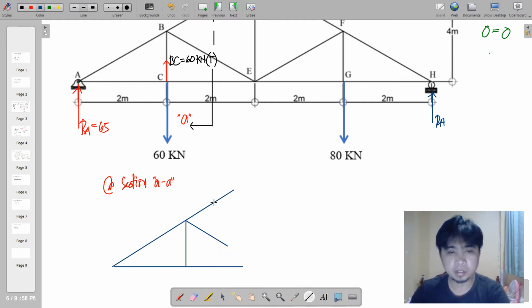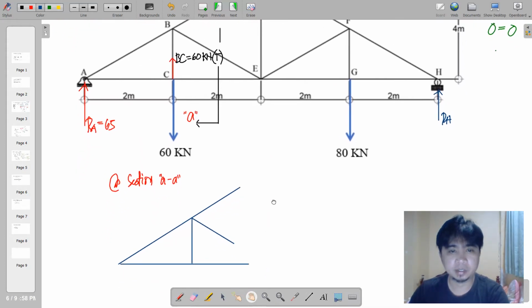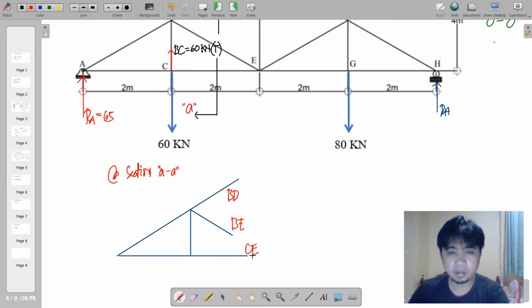Notice that these three members pass through your cut section, that is BD, BE, and CE. What we do is assume directions for these forces. Let us have a compressive BD, tensile BE, and tensile CE.